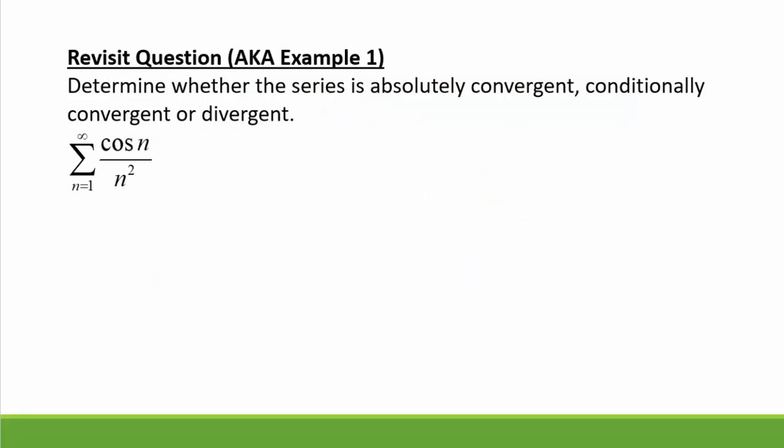Okay, so let's look at it. Let's revisit this example. Determine whether the series is absolutely convergent, conditionally convergent, or divergent. So I'm going to look and see the absolute value of the series.